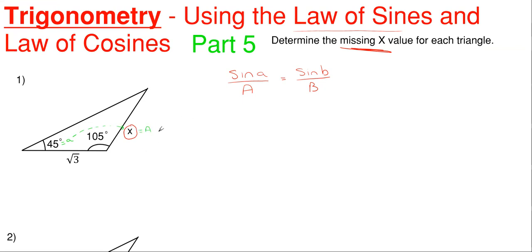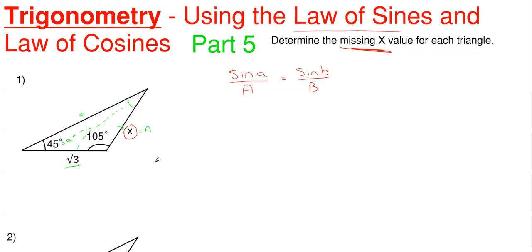In order to use this, we need to know another side and another angle that are opposite each other. Looking at the 105, this side up here would be opposite the 105. We don't know that side, so let's stay away from that. We do know a side down here, which is the square root of 3. The angle that's opposite that one would be this angle in here.